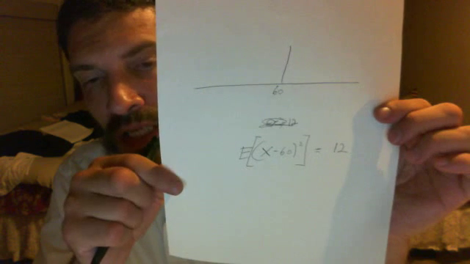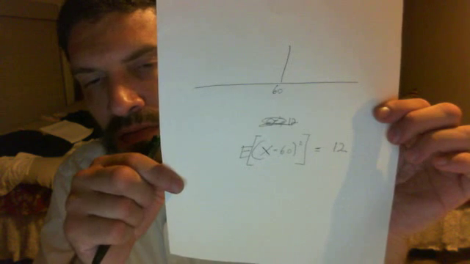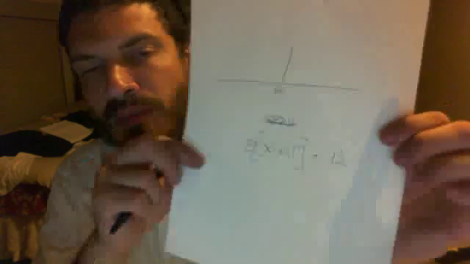Imagine that's the fact. So I'm telling you this fact about this distribution. You take all the points, x can be 50, 55. You just subtract: 50 minus 60 is 10. 10 squared is 100.